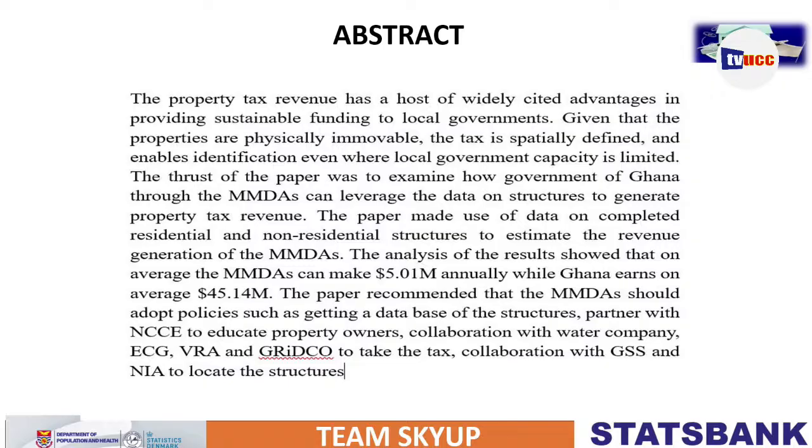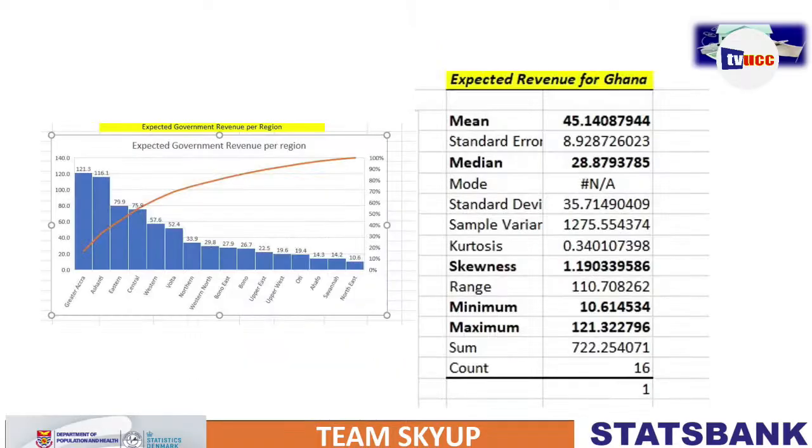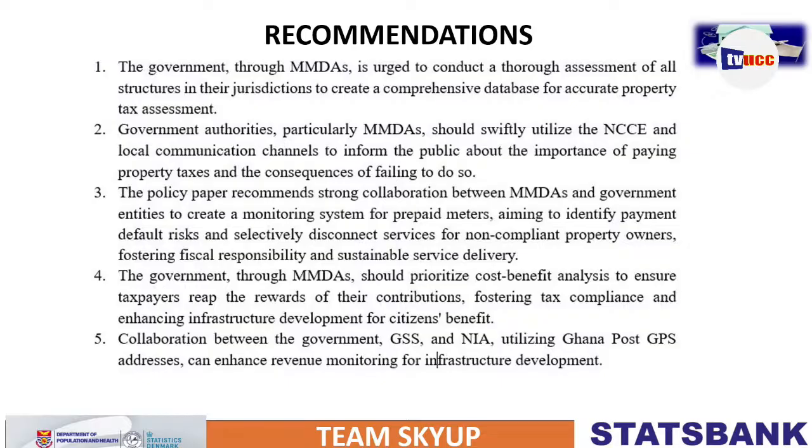So in effect, we are saying that if the government of Ghana, through the MMDAs, does this, they are able to mobilize revenue effectively. One, collaborate with statutory organizations like Ghana Statistical Service, and as I mentioned, the National Identification Authority. In this case, they will be able to locate the GPS data which has already been taken and help the municipal assemblies profile their properties.